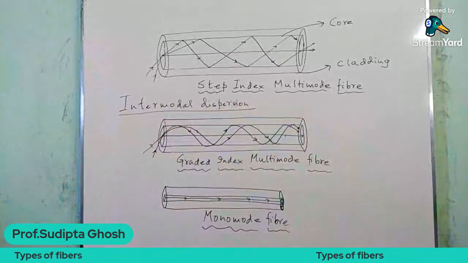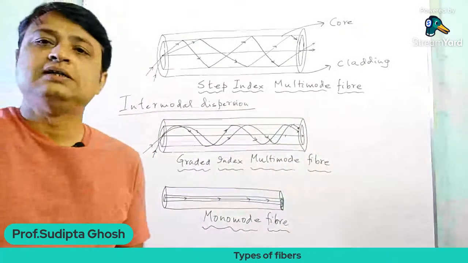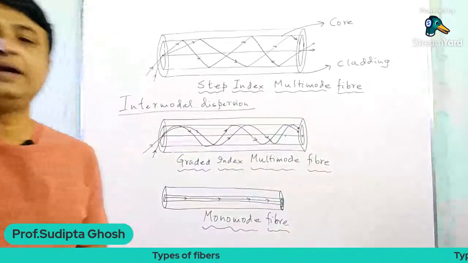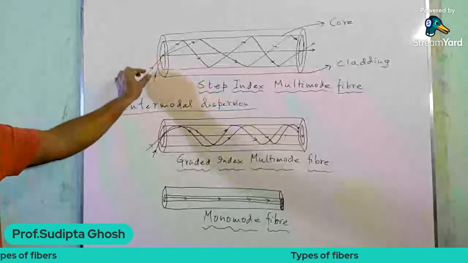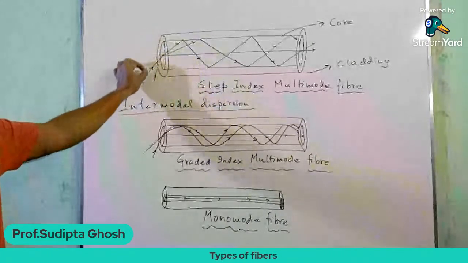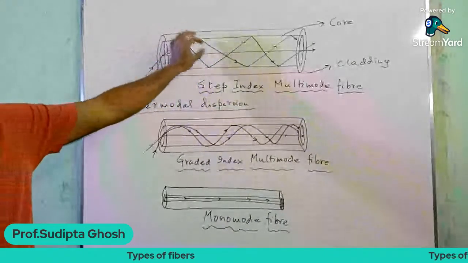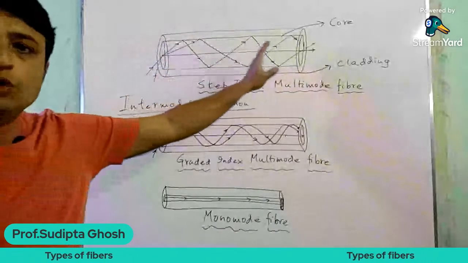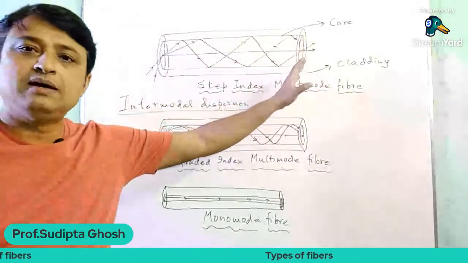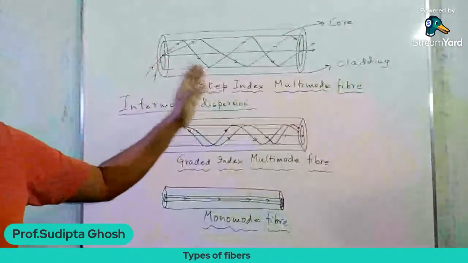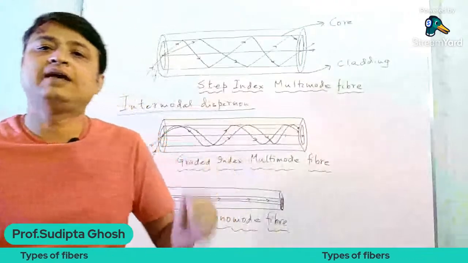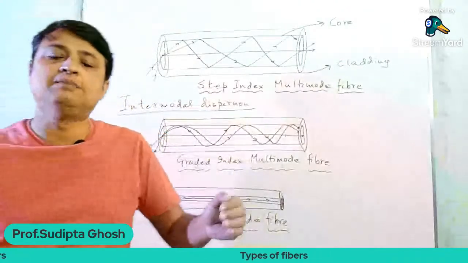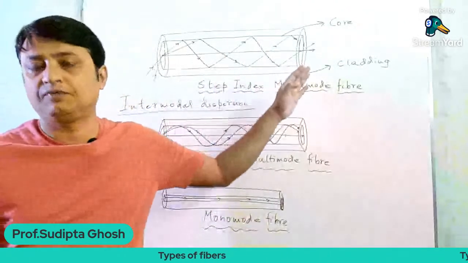This occurs because, depending upon the launching angle of the light rays in the core, the light rays take different paths to move along the core of the fiber, and so different rays take different times to reach the end of the fiber.